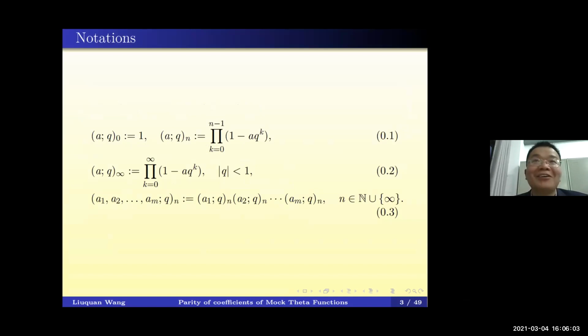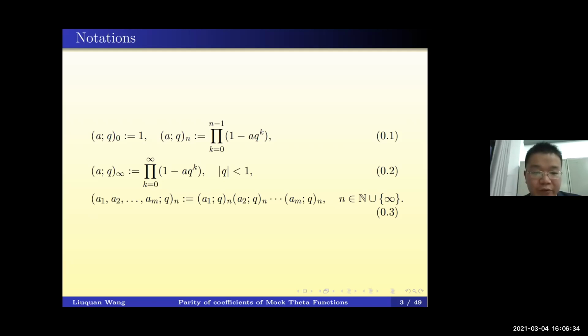So we need this kind of q-series notation, and I think everyone knows these notations, so we just have a quick look. (a;q)_0 is defined to be 1, and (a;q)_n is the product of these n terms. Then if we restrict q to have modulus less than 1 and let n go to infinity, we can define (a;q)_infinity to be this infinite product.